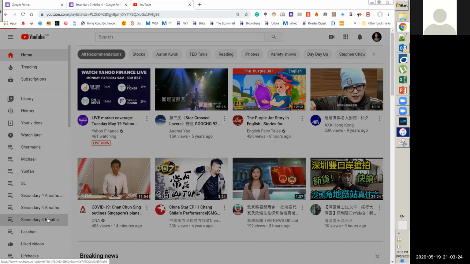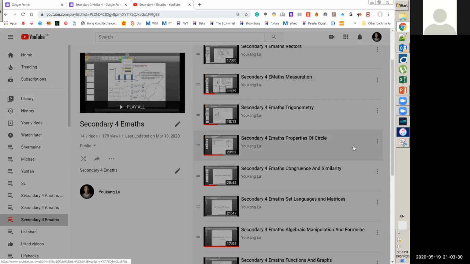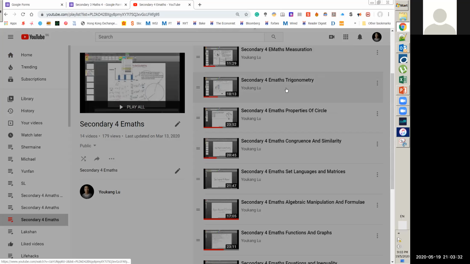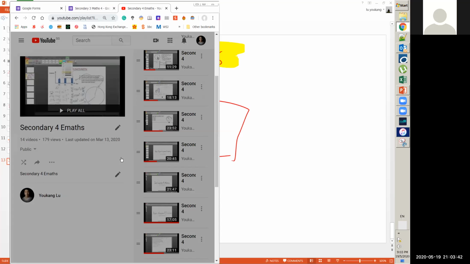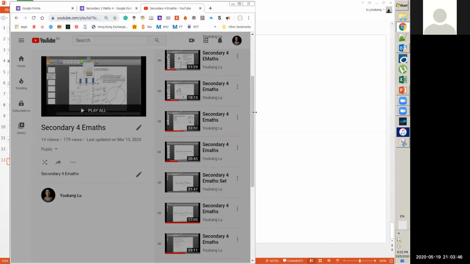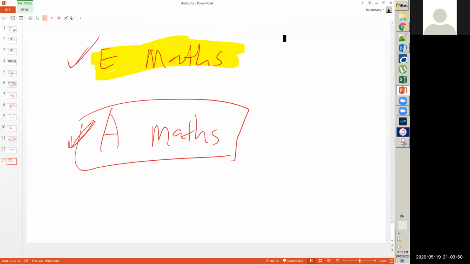So EMaths. Okay, here it is. First thing first, trigonometry, which is SOH CAH TOA and sine rule, cosine rule. Can you see it? Which you can do.